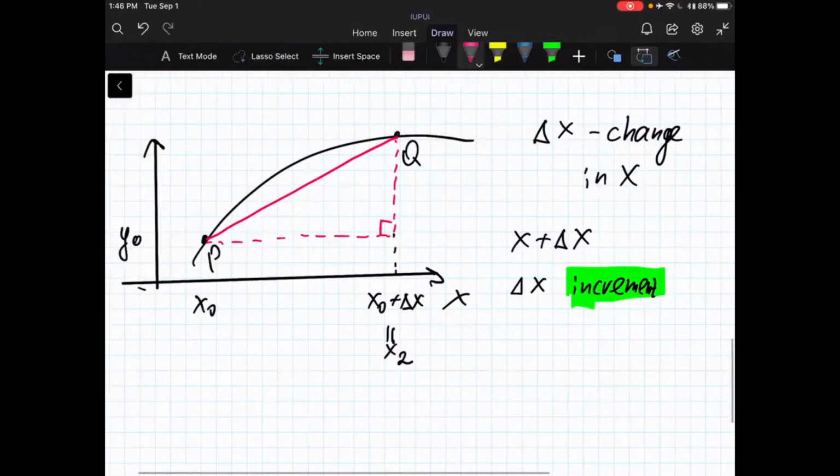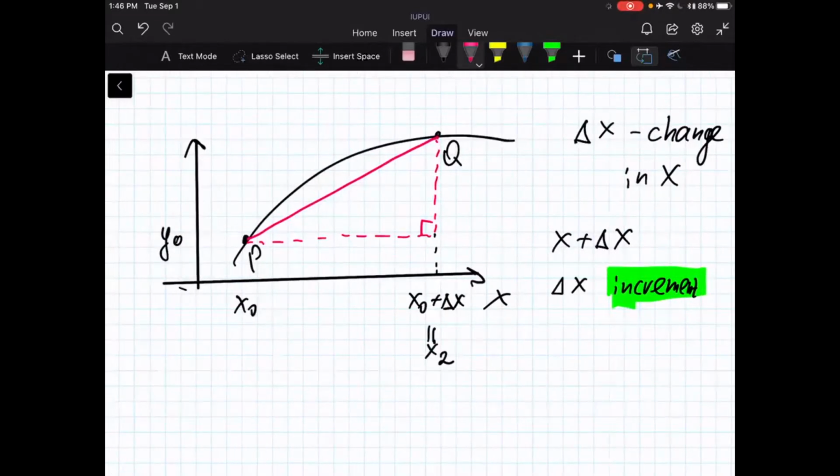So what we can see from the picture is that delta x is just the side of this triangle, right? Because initially I have x0, then I'm adding delta x, and then I obtain x2, which is x0 plus delta x. And the same story happens with y.